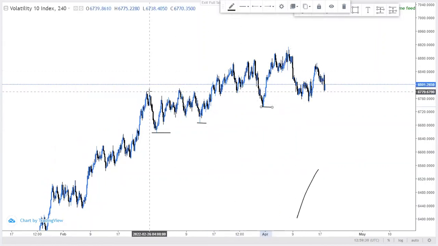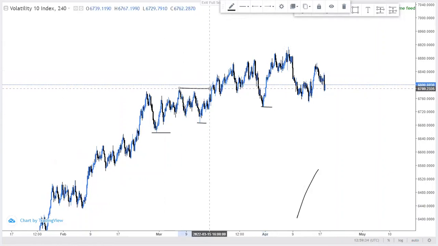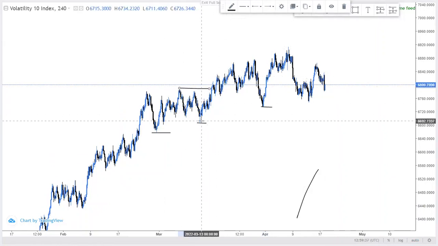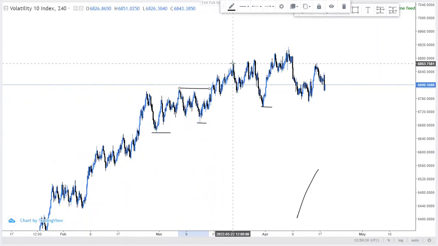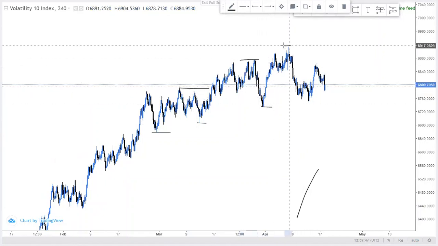After respecting this low, we take out the highs. We came back, respected this one, and took out this high. Again, with this low, we took out this high. Then we created another high here.